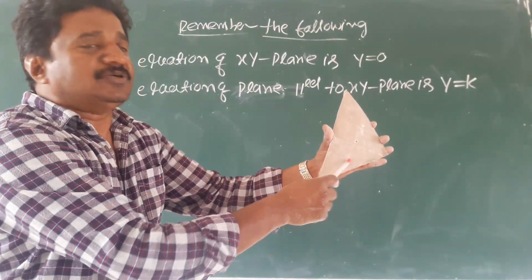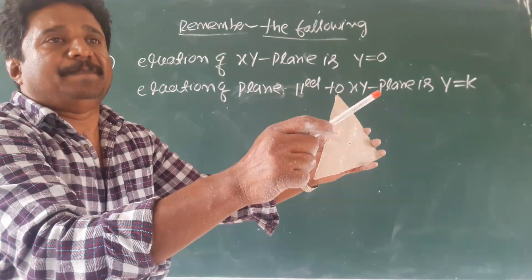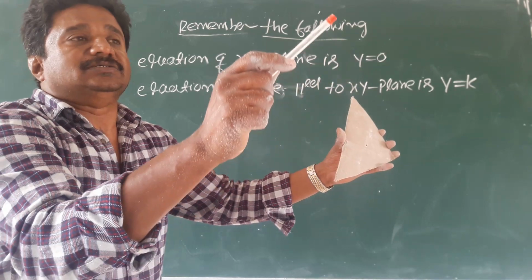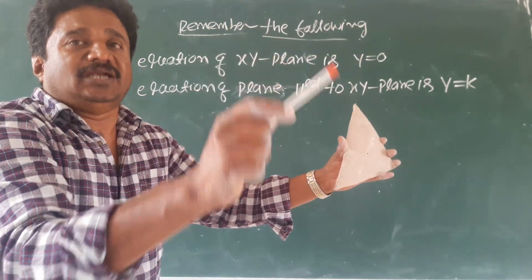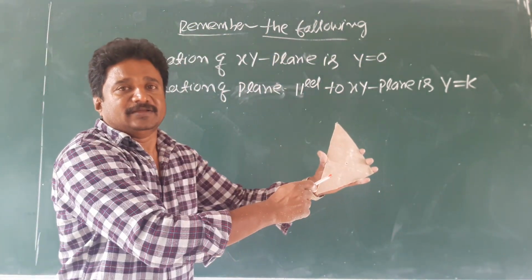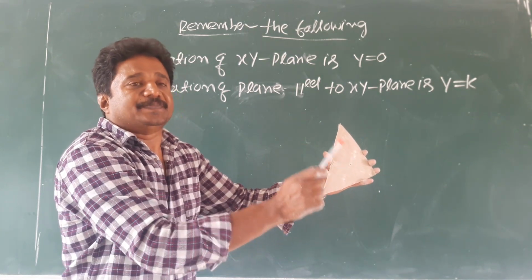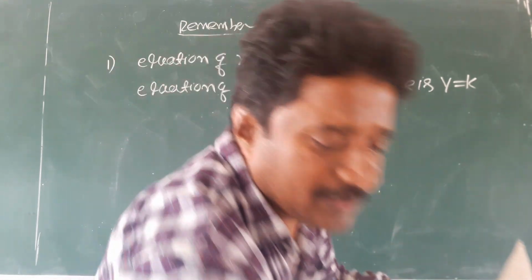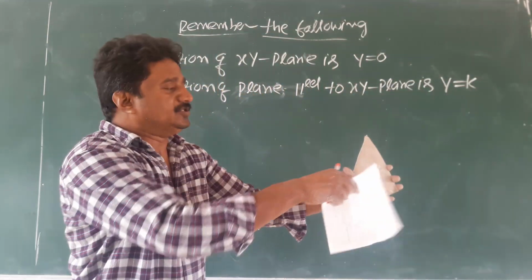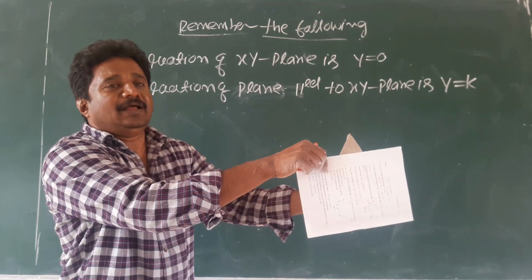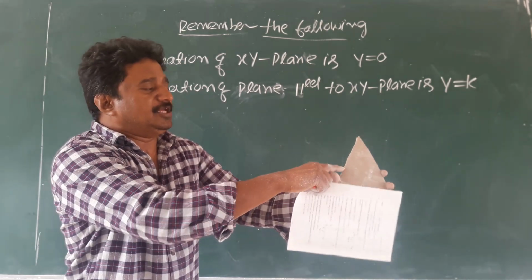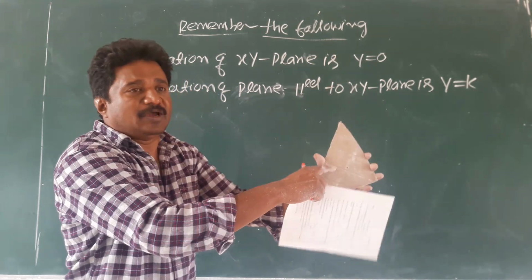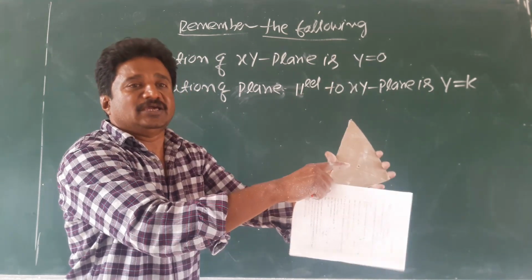So right, what is the equation of xy plane? On xy plane, z coordinate is always 0. So any other plane which is parallel to this plane, what is the equation of this paper, this cardboard? xy plane is y equals 0.